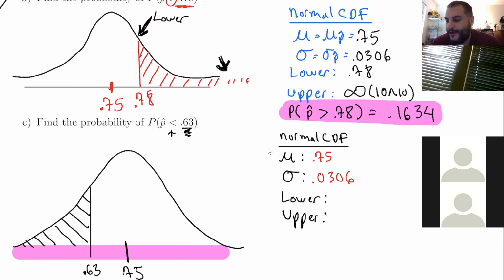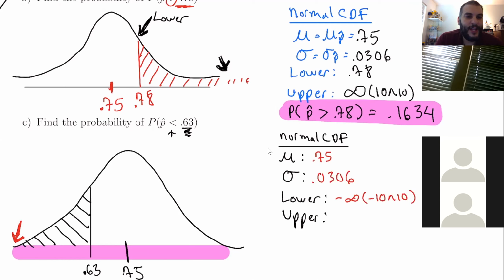So for my lower bound, it will be the lowest value that we shaded. If you look at that, you keep going and going, so we're gonna say keep going to negative infinity because it's going to the left-hand side. So we'll say negative infinity, so that's negative 10 to the 10 power.